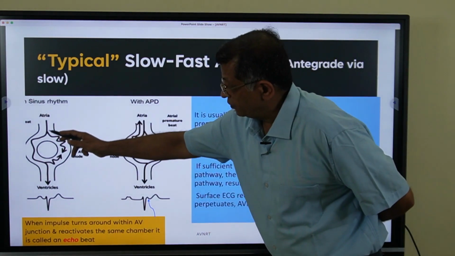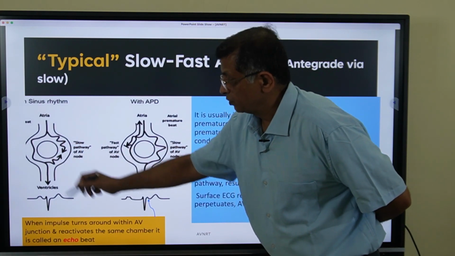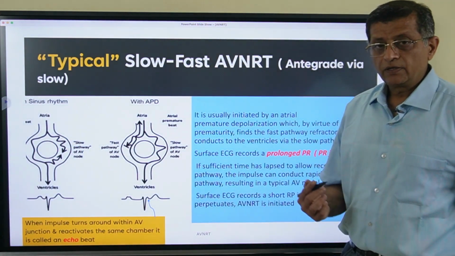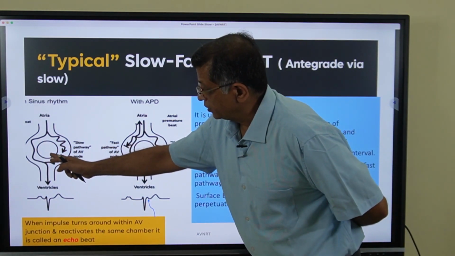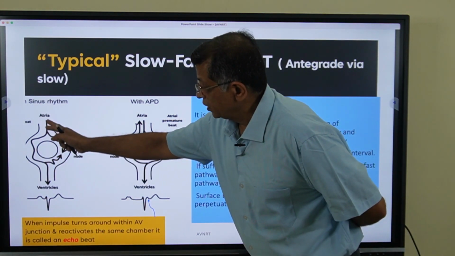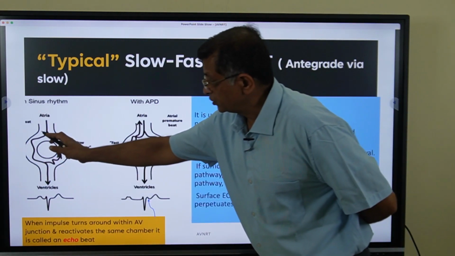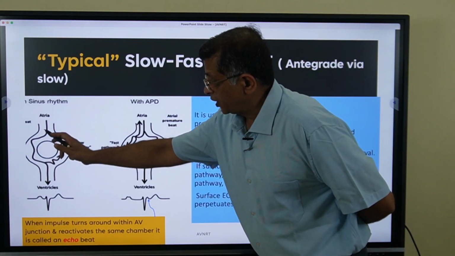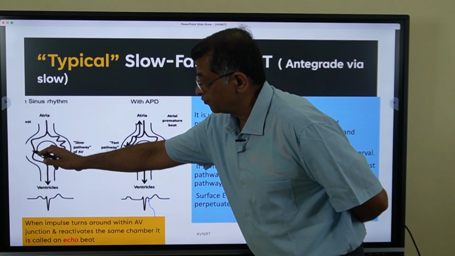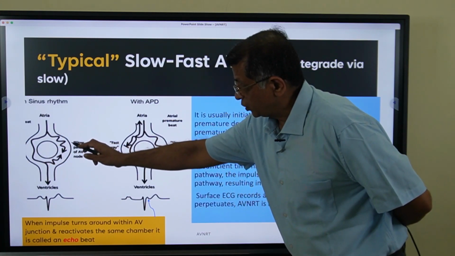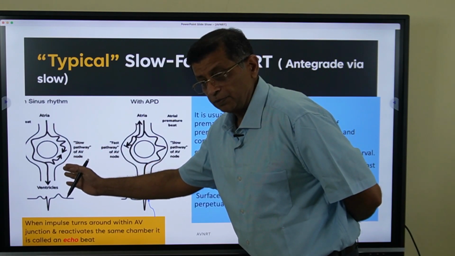Normally, whenever there is an impediment to conduction, we have discussed this in re-entry. Let's review it. Whenever there is an impediment in the conduction within the AV node, there are 2 pathways by which the current can go. One is the fast pathway. This fast pathway takes the current faster, but it has a longer refractory period. And the slow pathway takes the current slower, but has a short refractory period.